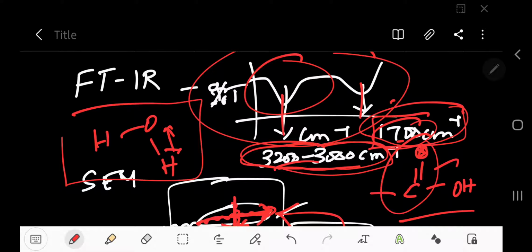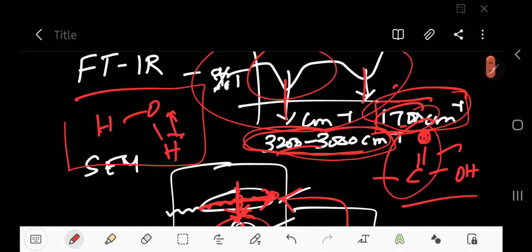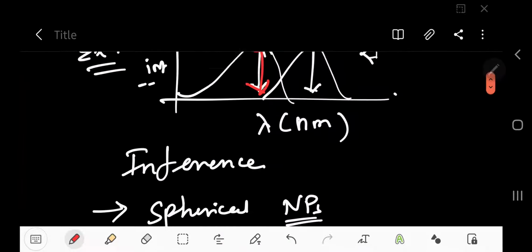So accordingly you can design the stationary phase. If it is hydrophilic, the stationary phase can be used so that the interaction between the stationary phase and the nanoparticle will be increased and the elution time will be delayed, right? This is how we can design the experiment.